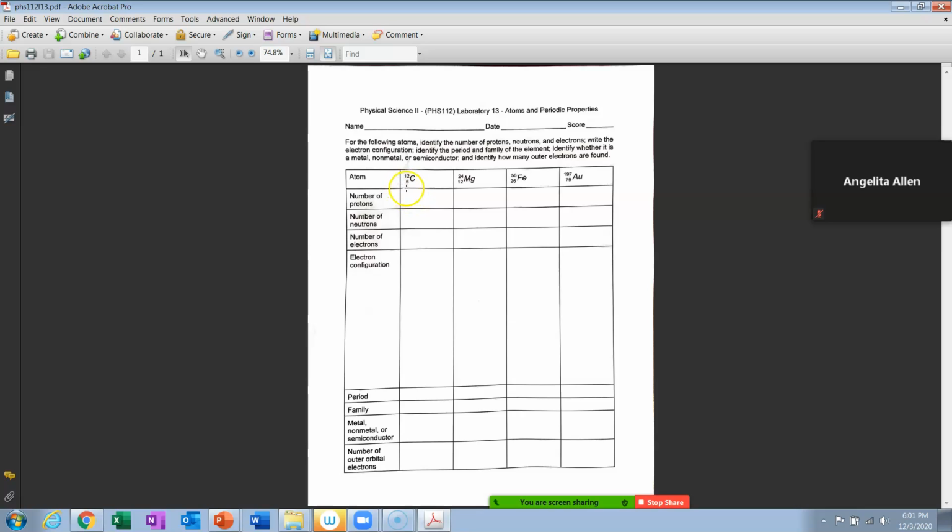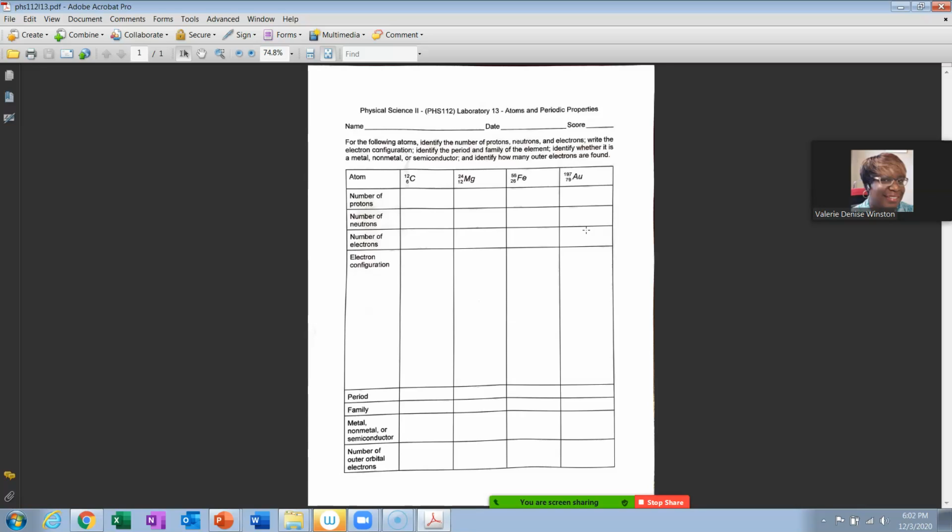So you'd have to have the same number of electrons as protons. Okay, so that would be 6. Magnesium, 12. Iron, 26. Got it, and gold, 79. Got it. Okay, that was easy, wasn't it?